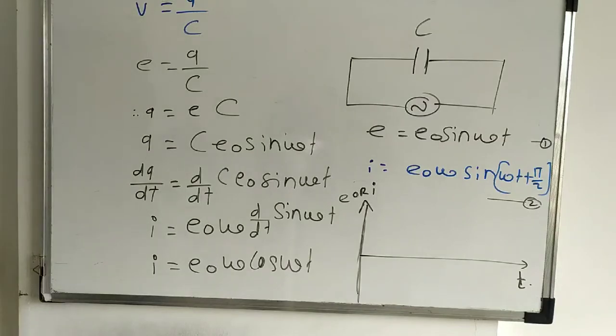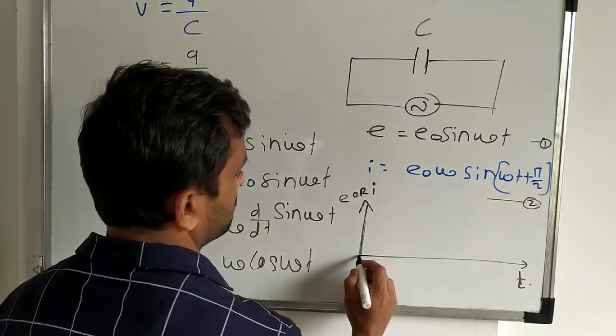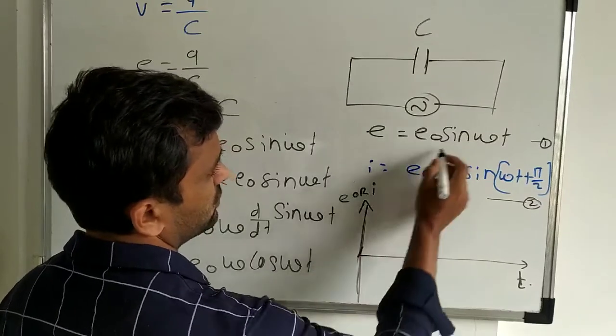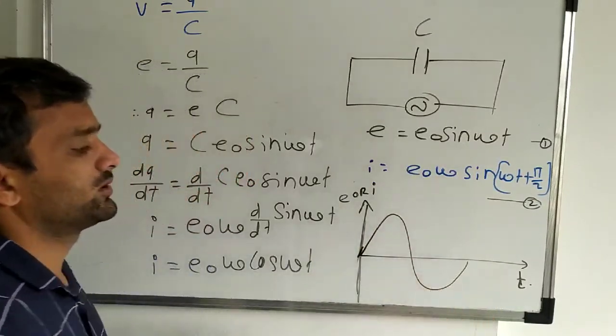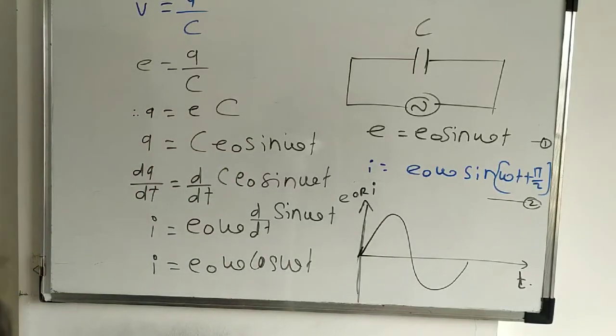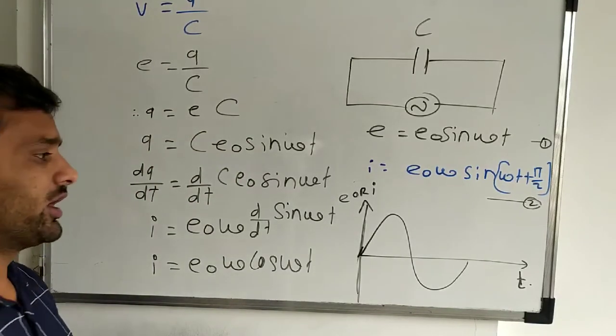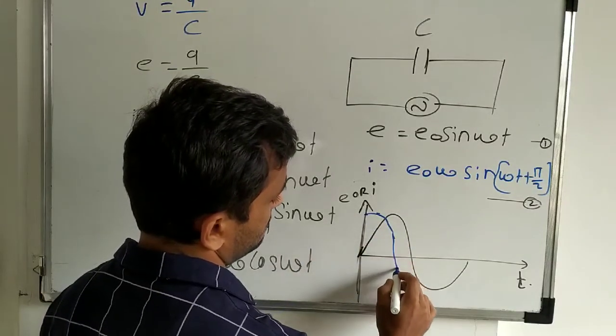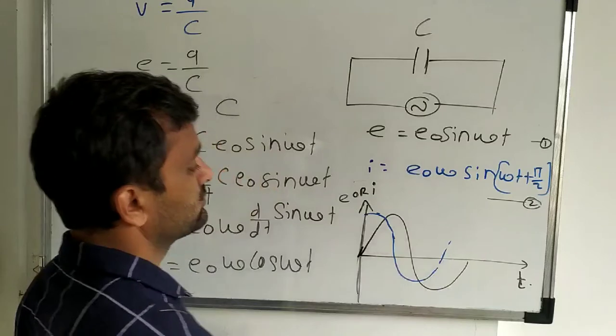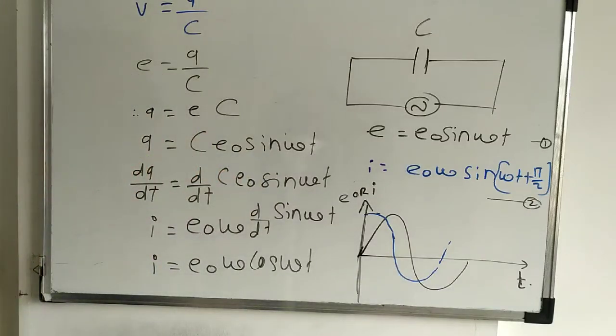The EMF will start from the origin because there is a sin omega t. But what about the value of current? The value of current is already high. At the origin, the value of current is maximum. So this would be the nature of the graph.